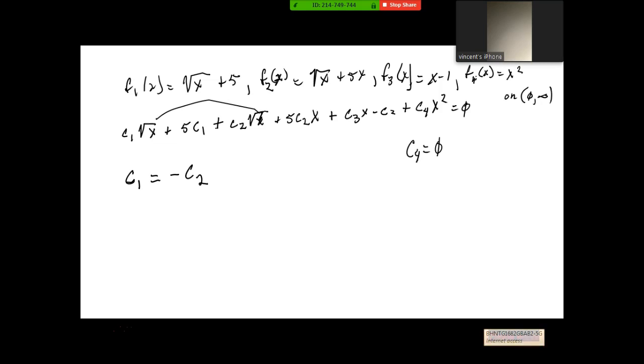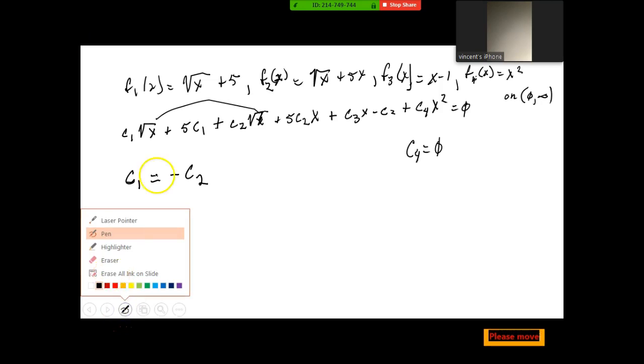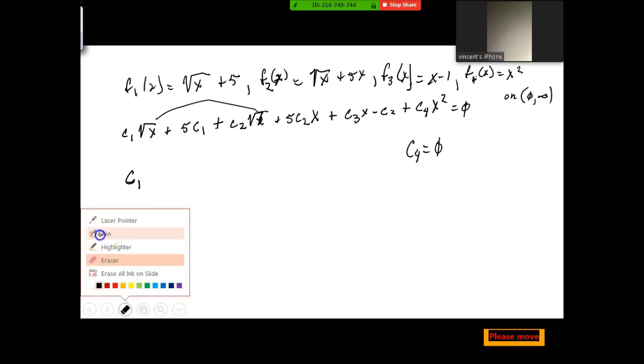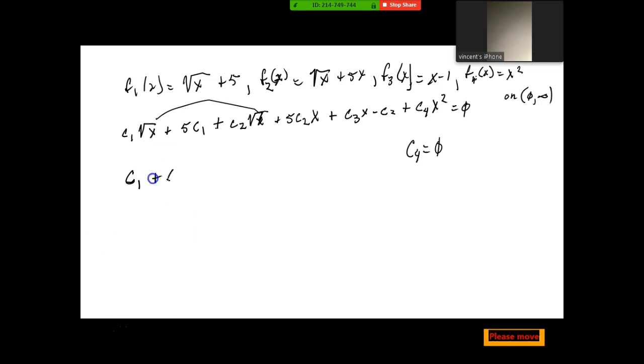Or this is actually the better way to write that, especially since y'all were in linear algebra: C1 plus C2 has to equal 0. Otherwise, C1 times square root of x plus C2 times square root of x will never equal 0.